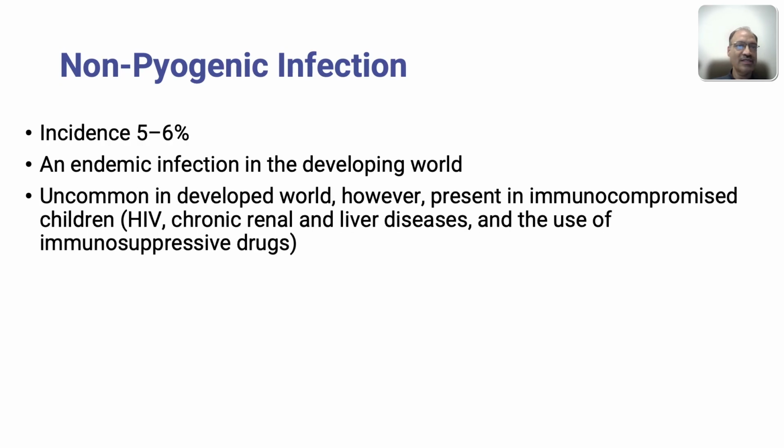Tuberculosis, the incidence of the non-pyogenic infection is 5 to 6%, very common in the developing world, and a couple of talks have shown subacute osteomyelitis with the infection crossing the physis, as well as in developing countries. However, it's not uncommon in the developed world, where immunocompromised children would present with liver disease or renal disease.